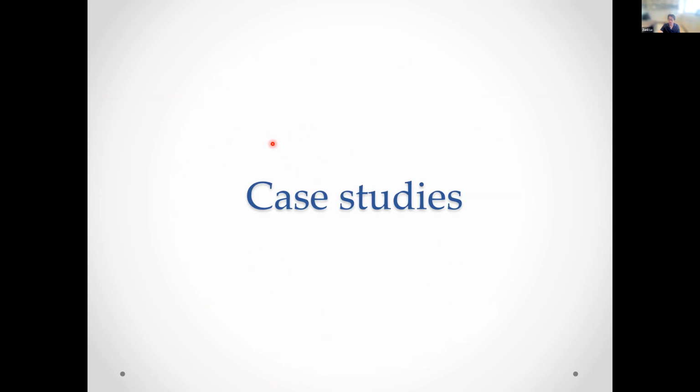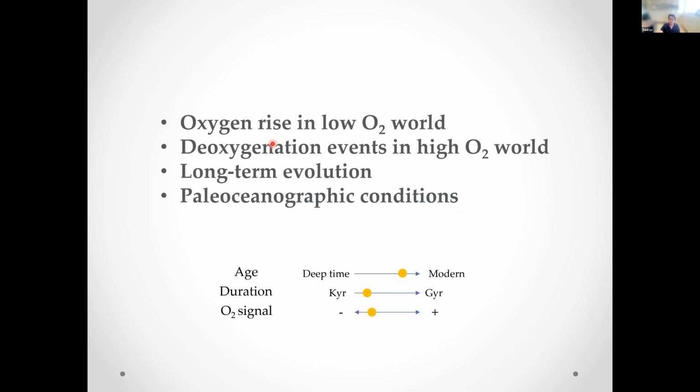We're going to look at a few case studies of how this proxy has been applied. My thought process in selecting these case studies is that I want to cover different ages, from very deep time to relatively recent, closer to the modern ocean.